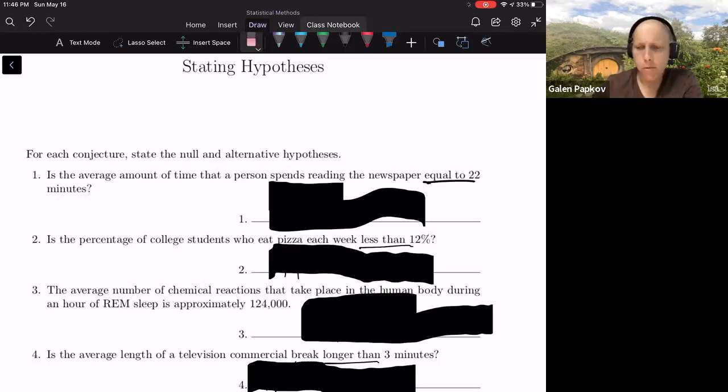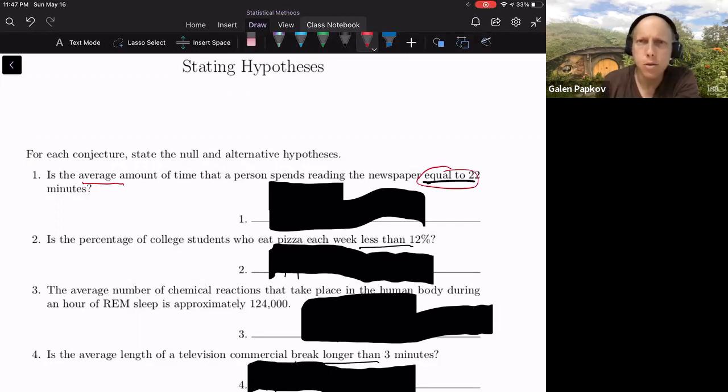So as I read through this, I realize, okay, our investigation is trying to answer this question. This question is about an inference with respect to an average. So I know my hypotheses are going to have mu in it. And I could see the relationship of equal. So this is going to be an equal, not equal scenario.